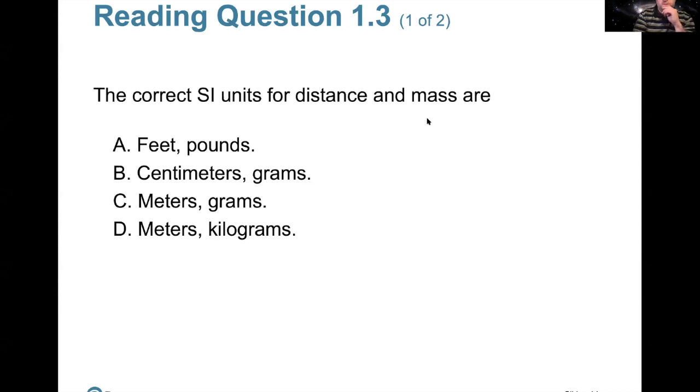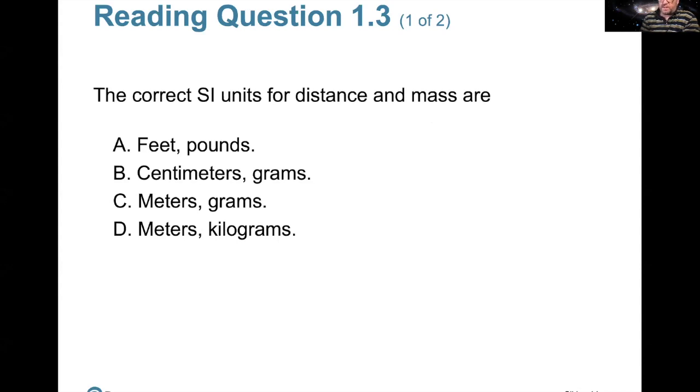Okay, so let's take a look here at this problem. The correct SI units for distance and mass are A, feet and pounds. That's interesting. We like to use feet and pounds here in America. Or is it B, centimeters and grams? Or C, meters and grams?